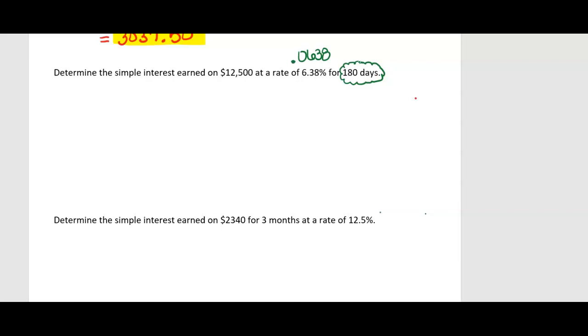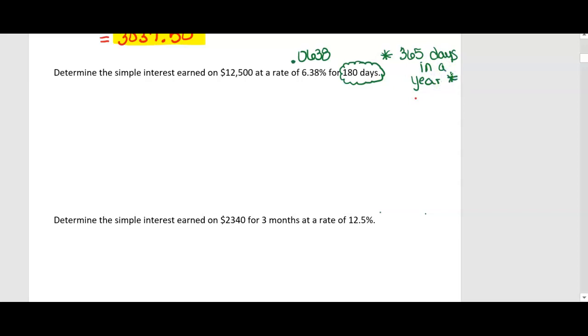But I do want you to know that there are some textbooks that you see, and even in your software in Hawks, they might say use 360 days instead of 365 to do your computations. So make sure you're paying attention to those directions as to how many days they want you to use in a year in order to do your conversion. So for this one, the directions say that there are 365 days in a year. If it's not expressed to you, then you're going to use 365.